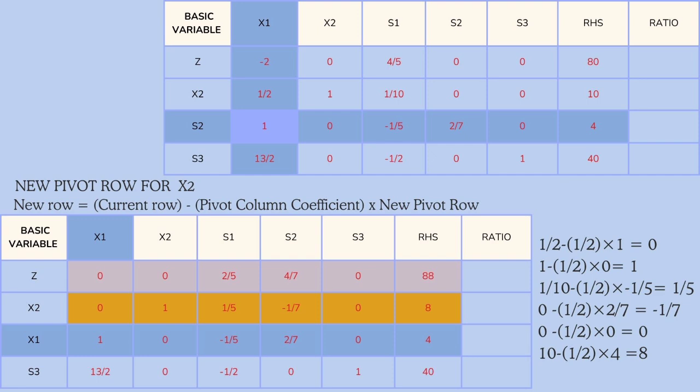Next, 0 minus negative 1 over 2 times 2 over 7 is equal to negative 1 over 7. 0 minus negative 1 over 2 times 0 is equal to 0. 10 minus negative 1 over 2 times 4 is equal to 8.